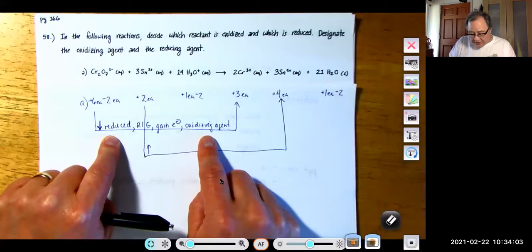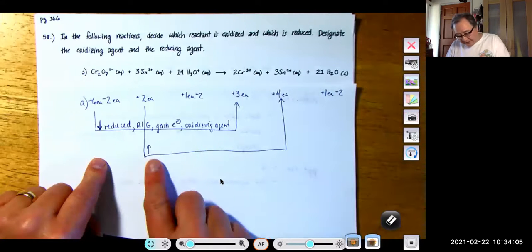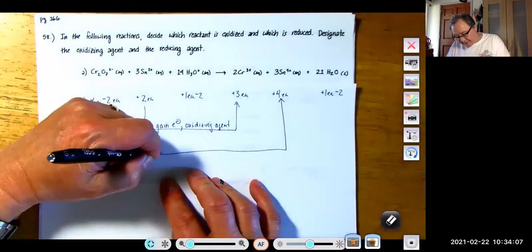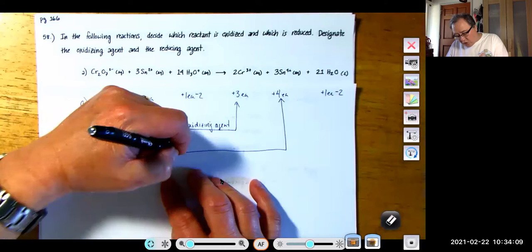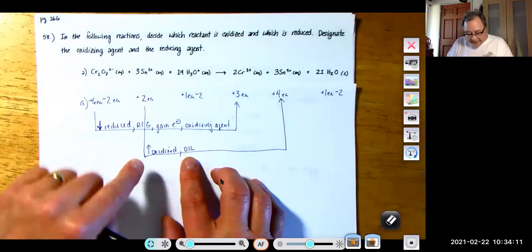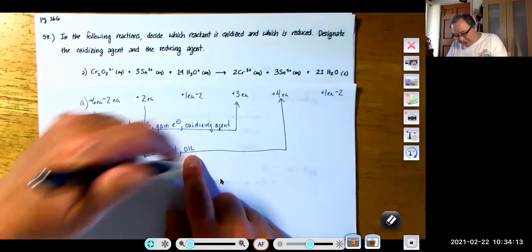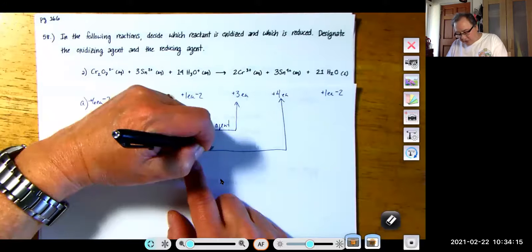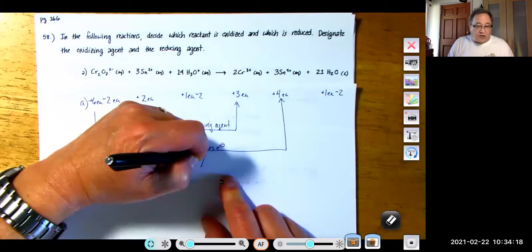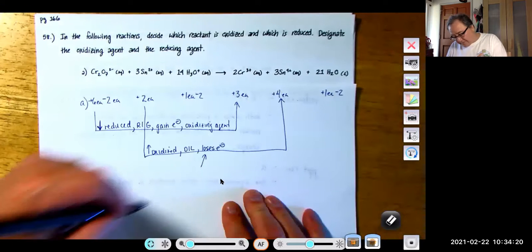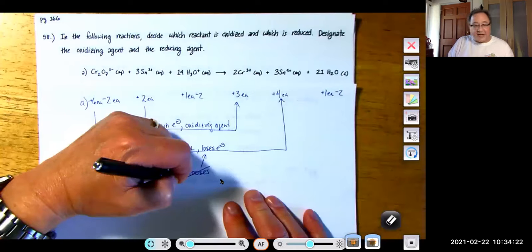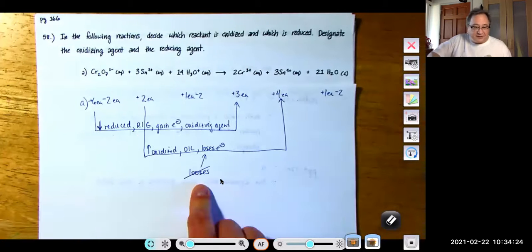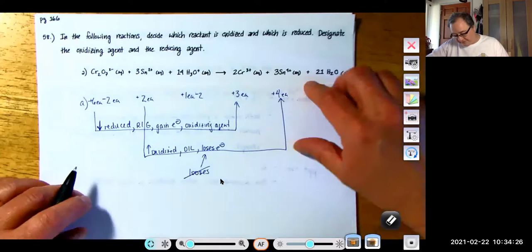So if the oxidation number increases, it's oxidized, which means oil from oil rig, and the L means loses electrons. And notice the word loses, one O. That's loses. Don't write loses.